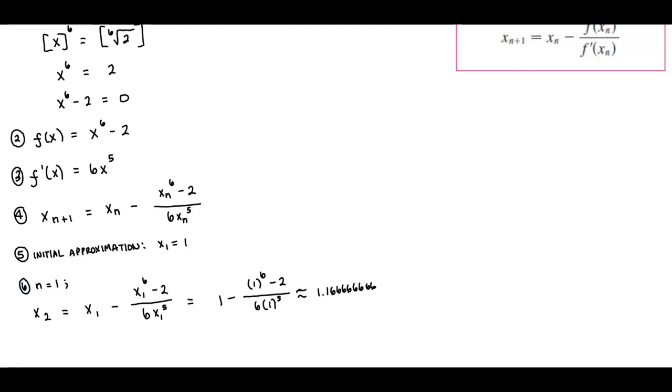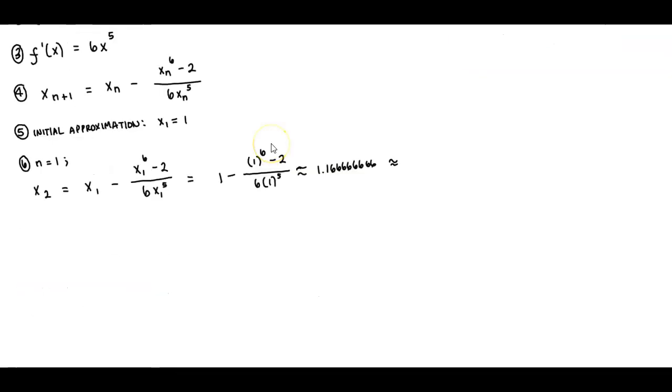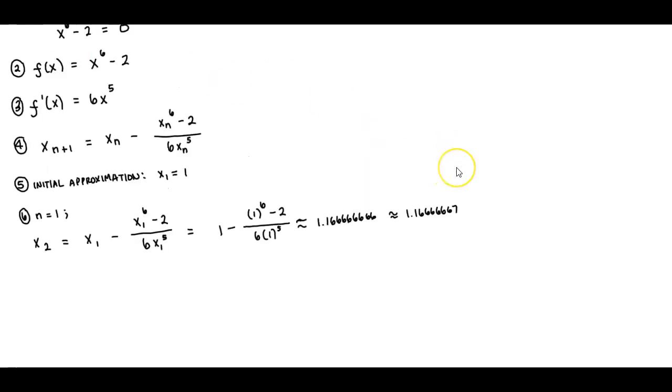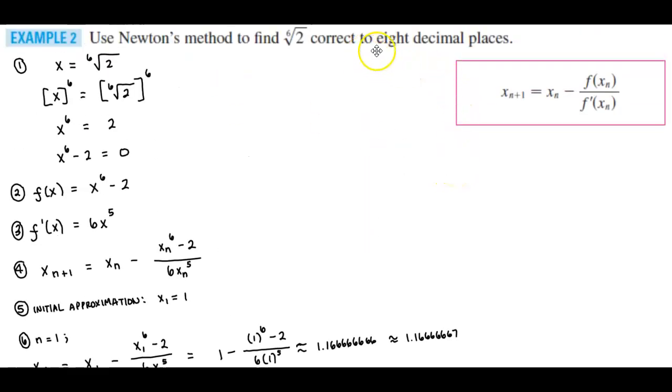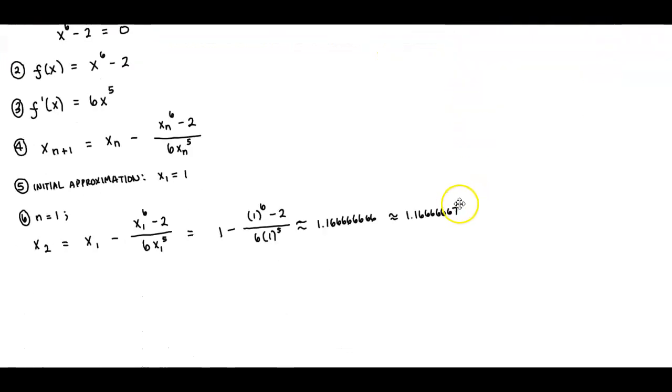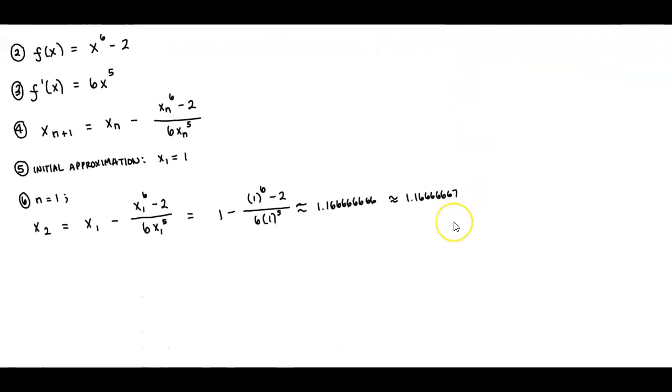Okay, and then we're going to round that. By rounding that, we're going to round it to 1.1666667. The reason why we round that is because it's asking us to round it to 8 decimal places. So this is correct to 8 decimal places.